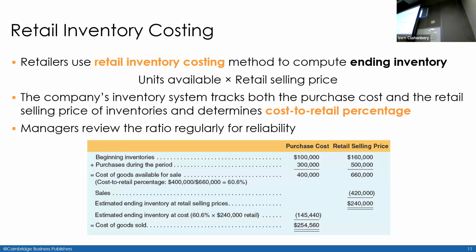So we can use that to calculate the estimated ending inventory at cost. Multiply that times the $240,000 retail value of the inventory on hand, which would indicate that we have inventory worth $145,000. So that's the number that would end up on the balance sheet.